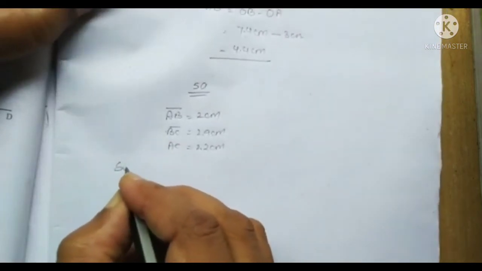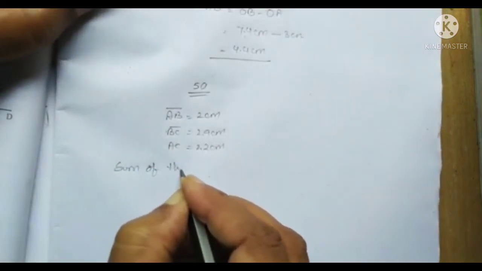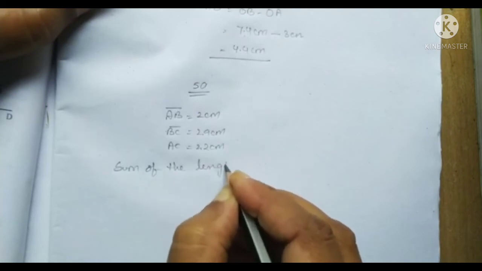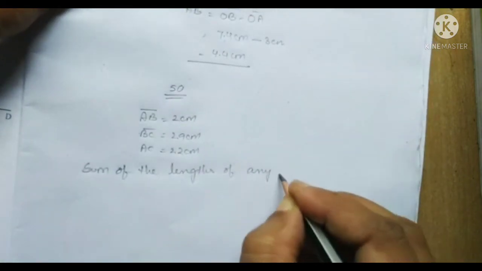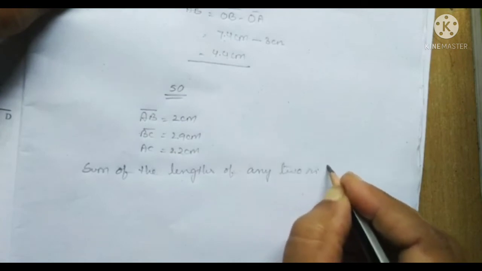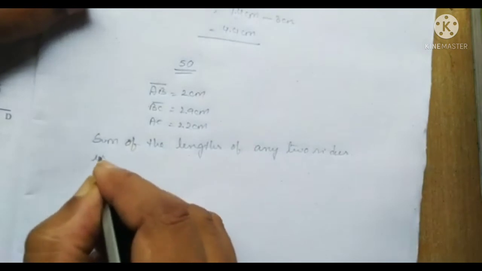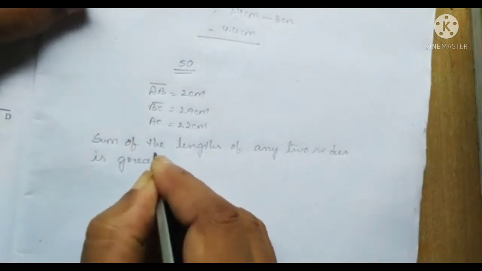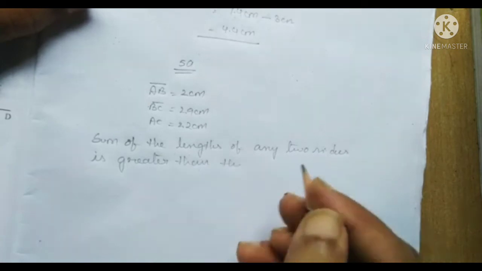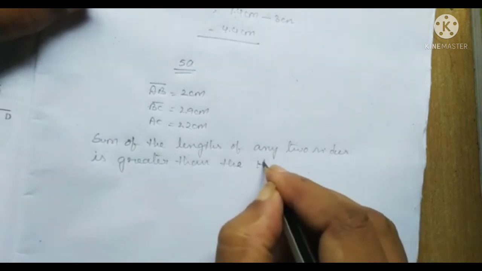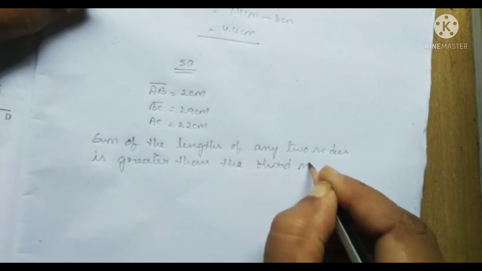The sum of the lengths of any two sides is greater than the third side.